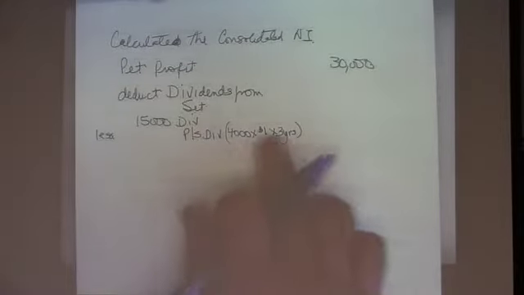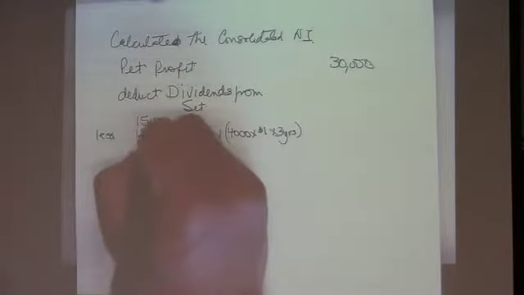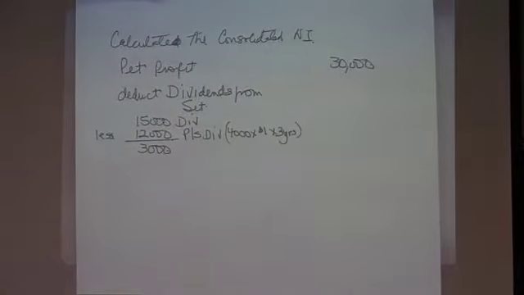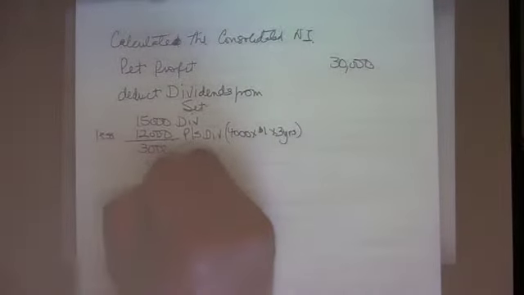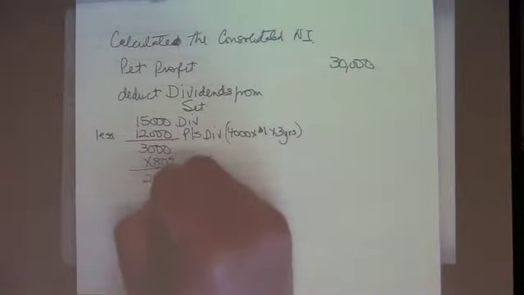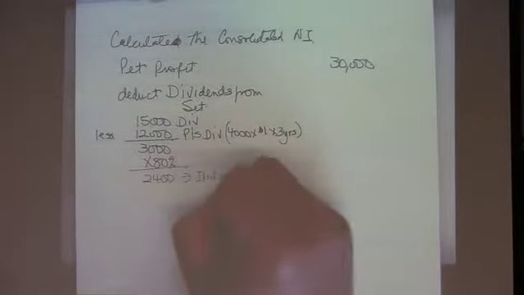So that would be 4 times 3 is 12. That leaves us with 3,000, right? But we only own 80%. So that gives us 2,400. That must have been a dividend to PET.